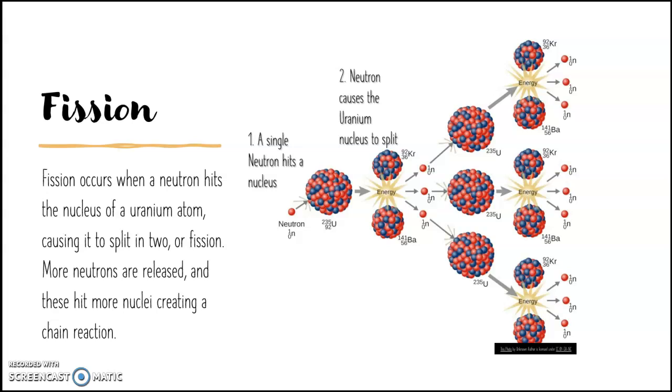That neutron causes the uranium nucleus to split. The nucleus goes through radioactive decay, and the atoms split apart, releasing energy, emitting more neutrons. The neutrons carry on the chain reaction to nearby uranium atoms.